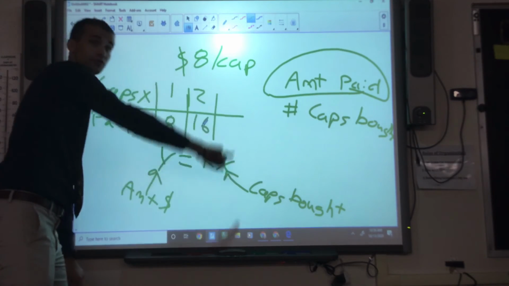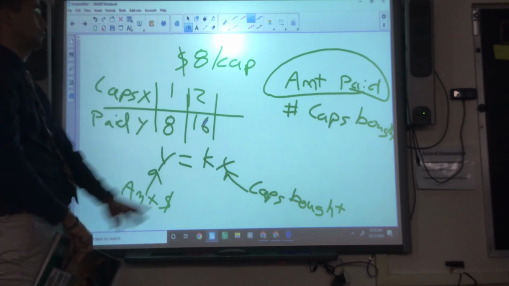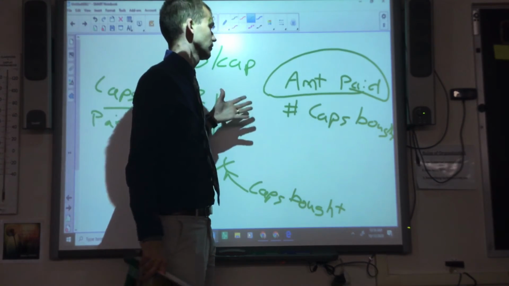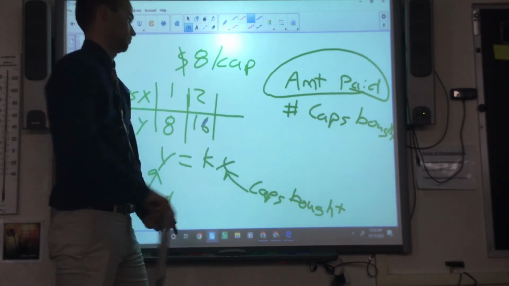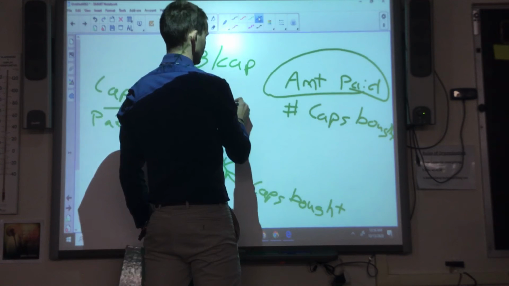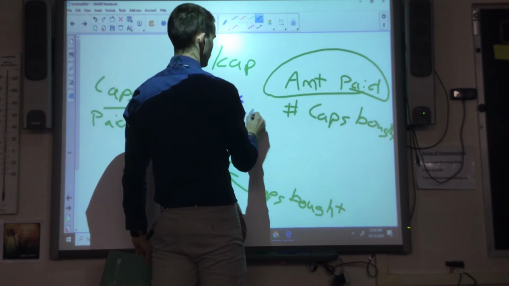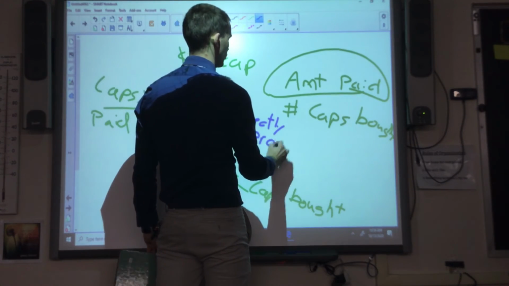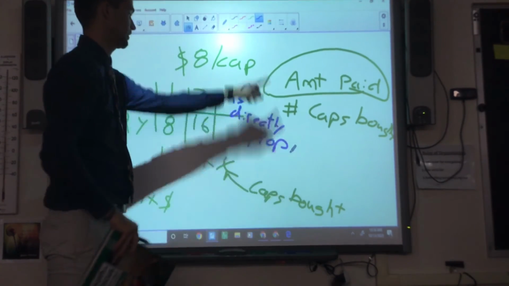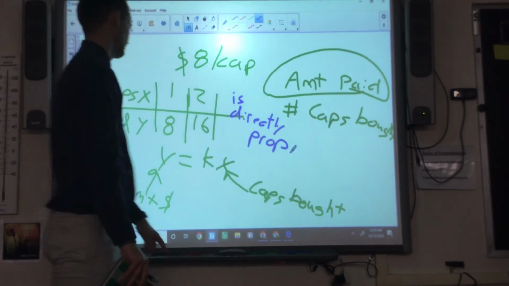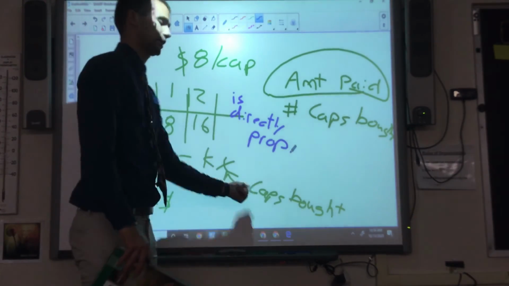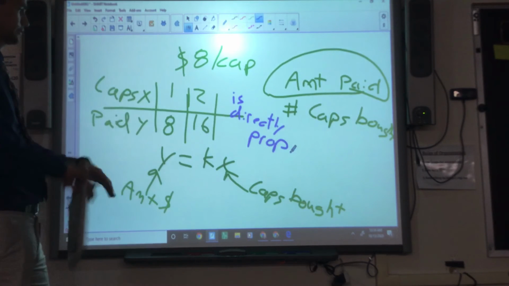Now you kind of have to logic your way through that, but that's why I'm trying to hit home on that. Amount paid is directly proportional to the caps bought. Amount paid is directly proportional, that's an equal sign, to caps bought. So y on the bottom, x on top.